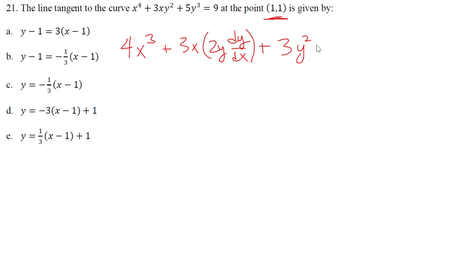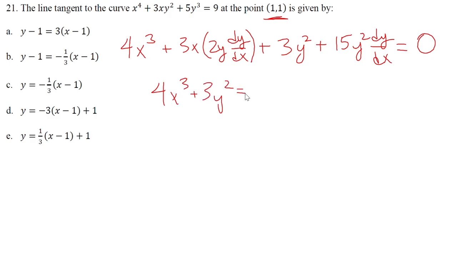And then, of course, we have to add to that the derivative of 5y cubed, which is 15y squared dy/dx. And it's equal to the derivative of 9, which is 0. We'll solve for dy/dx. So I'll leave my 4x cubed and my 3y squared on the left side. And I'll take all the other terms to the right-hand side.